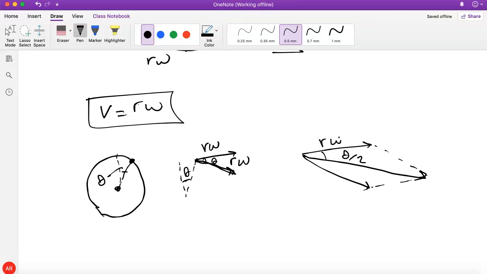If this is r omega and this is r omega, half of the length of this vector is r omega times cosine theta over 2. So this becomes twice the adjacent side to theta over 2 in this right triangle. So that's 2r omega cosine theta over 2.